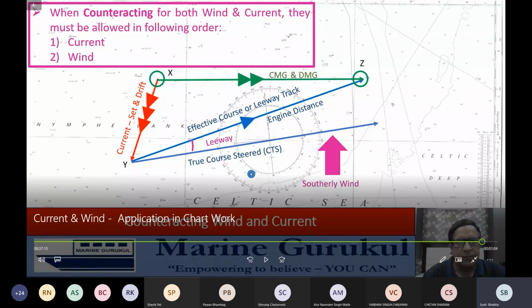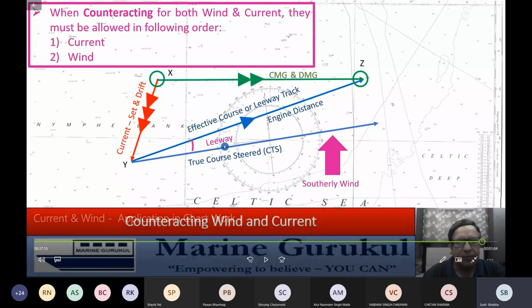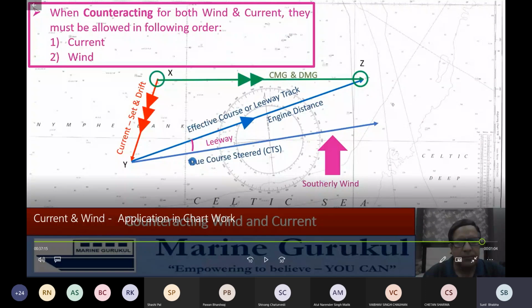The reason for this is that this leeway angle is very, very small. It could be 1 degree or 2 degrees or 3 degrees. Here for illustration purposes, we have made it quite bigger, but actually the leeway angle may be 1 degree.